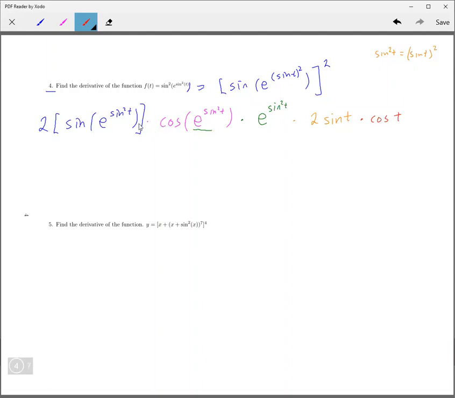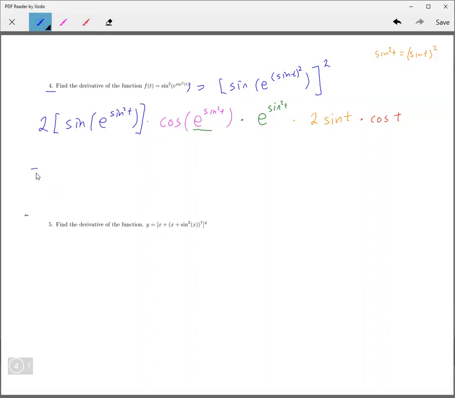Okay, so this is applying the chain rule several times, because the original inner function has an inner and outer function, and the next one does, and so on all the way down until you get to this sine t, and that's the innermost function, and so its derivative is cosine t.